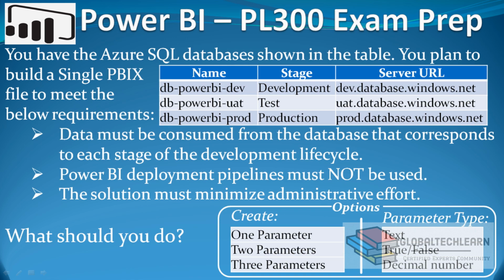In the real world, when we develop any Power BI report, the developer first tries to develop the report in the dev environment, where the developer can connect Power BI Desktop to the dev database, where he has some mockup or a subset of the data from the production environment. Once the developer completes the report development, he promotes this report to the UAT or test environment, where the QA team or test team conducts their testing on the report.